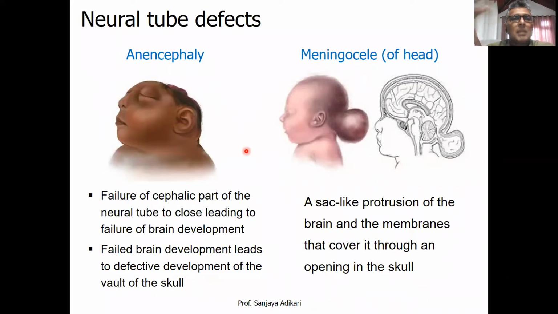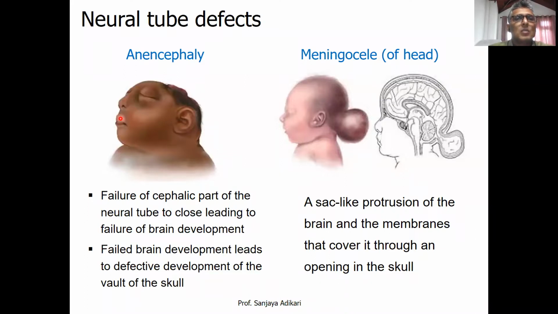And if the brain part is not there, as I said before, then the vault of the skull also does not develop. You can see it's like it has been cut by a knife, so it's flat. These are all fatal conditions, so you get a stillbirth. But nowadays people don't wait.